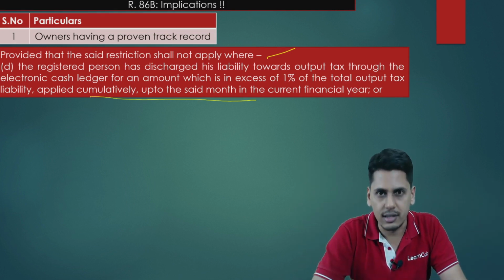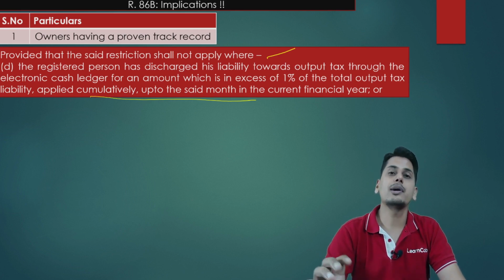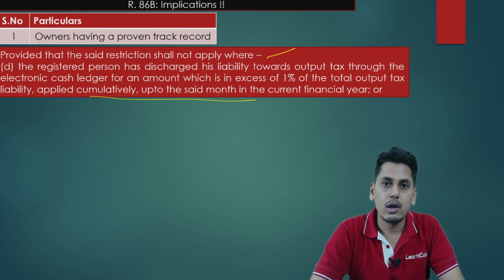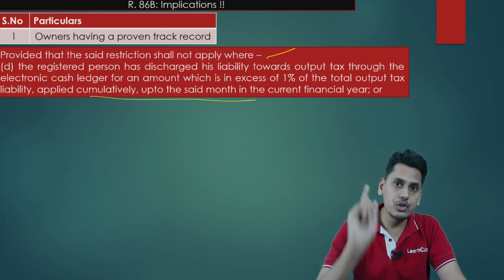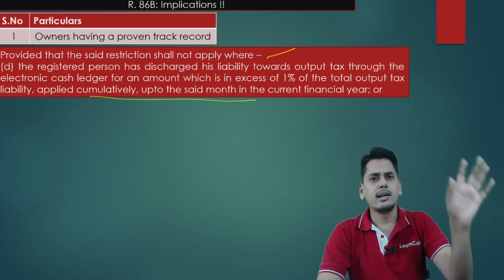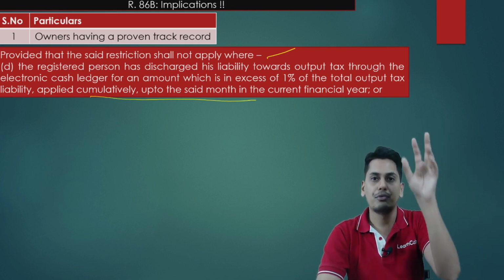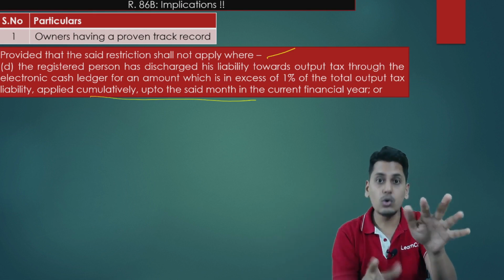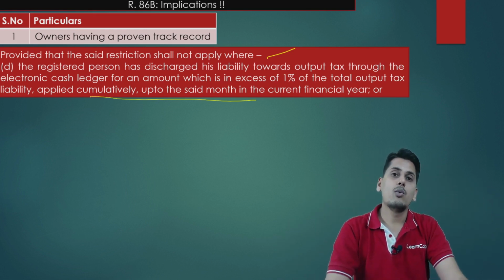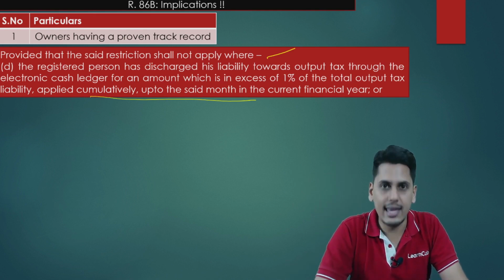Let's suppose for a particular financial year, let's say for the tax period August. To check the applicability of Rule 86B, take the total liability from April onwards, including the month of August, keep it on one side, and check what is the amount which you have paid through the electronic cash ledger.